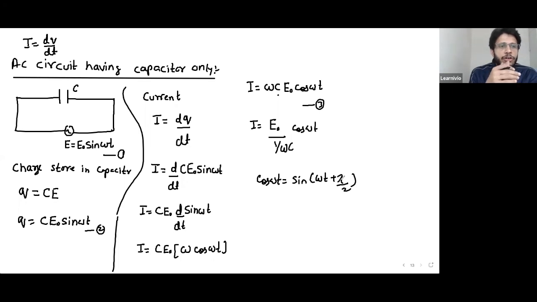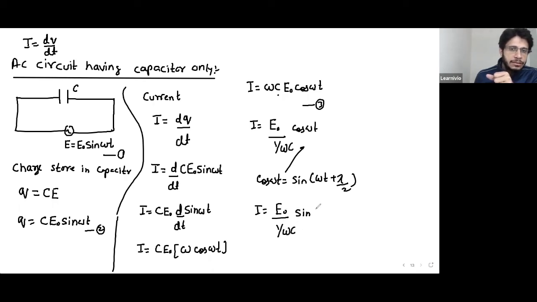This is basic trigonometry: sine of pi by 2 plus theta is equal to cos theta. So if I make the substitution here, your current I comes out to be E naught divided by 1 by omega C sine omega t plus pi by 2.